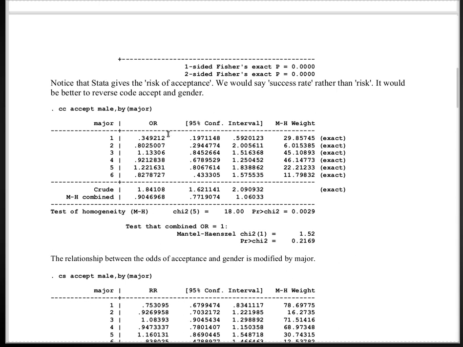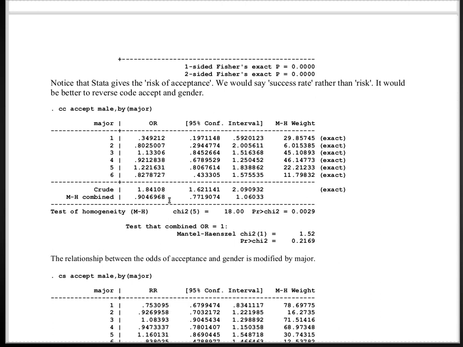The odds ratios are less than 1 in majors coded 1, 2, 4, and 6, and slightly above 1 in majors 3 and 5. Now, there's something to be noticed here, that none of those numbers are as large as 1.84, the crude. And in fact, the Mantel-Haenszel combined from this analysis is actually less than 1.